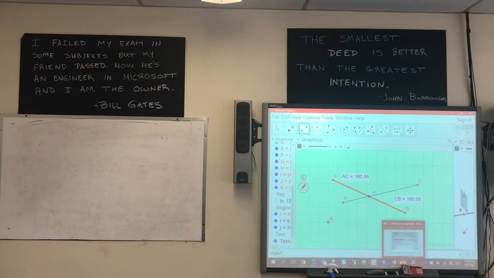You see the red one is not passing through the midpoint of the black one, or visually we could probably argue that it's not. And again, that side can be as long as it wants, this side can be as long as it wants. The segment can actually start at the midpoint, so that would still be a segment bisector. Anything that passes through the midpoint of the segment is referred to as a bisector.